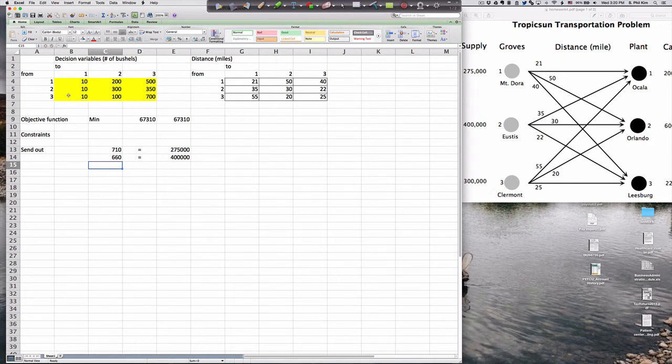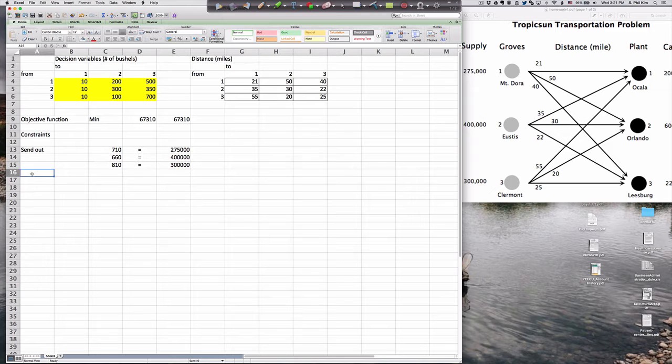And from the third group, this plus this plus this should be equal to 300,000. So you can get this number from here, right? 400 here, 275. So this makes sure all the soybeans we have have been sent out.